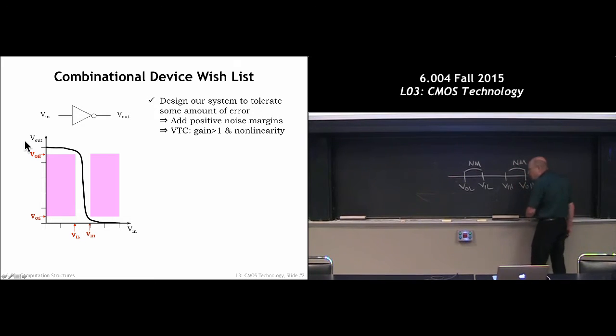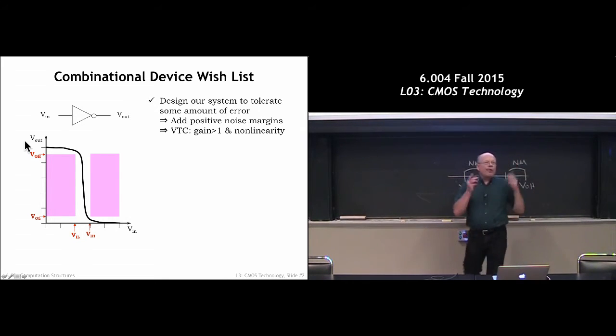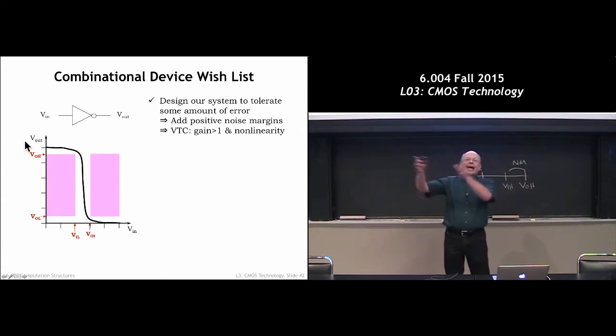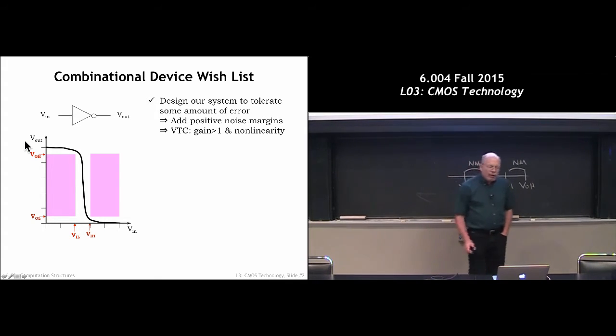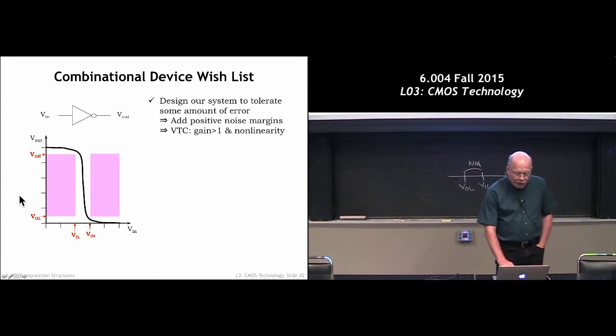So the noise margin tells us how much an output voltage can be corrupted on its way to the next input and still be treated as a correct encoding of whatever bit you were trying to send, 0 or 1. When we put all those together, I'm going to make a plot of a device, in this case an inverter, so this is different than the one we saw at the last lecture.